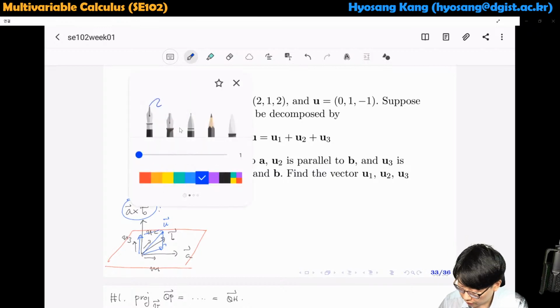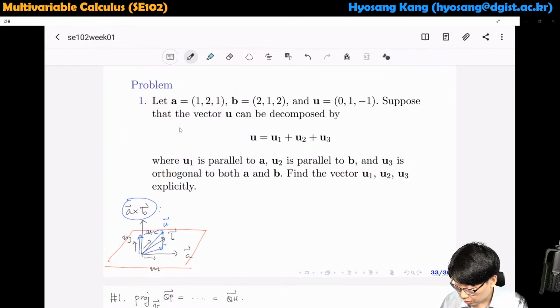So let's first take the projection. I will give the idea how to get the u1, u2, and we will do this by Matlab again.